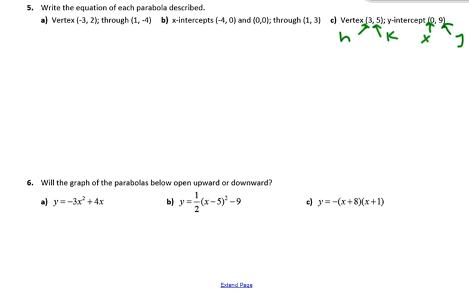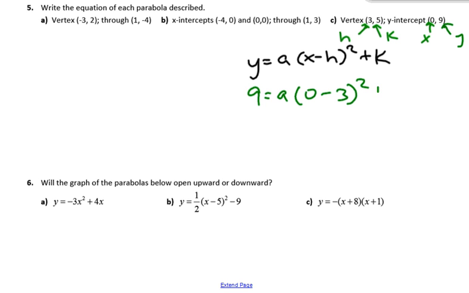The vertex form is Y equals A times X minus H squared plus K. Plug in what you know. So that's 9 equals A times X is 0 minus 3 squared plus 5. Then we get A times negative 3 squared becomes a positive 9.